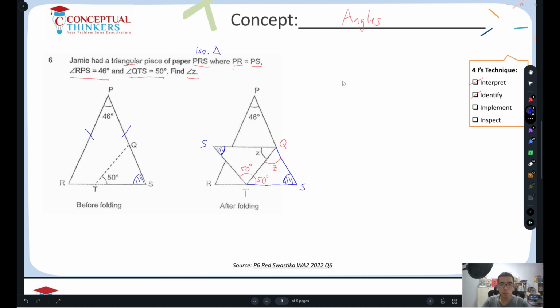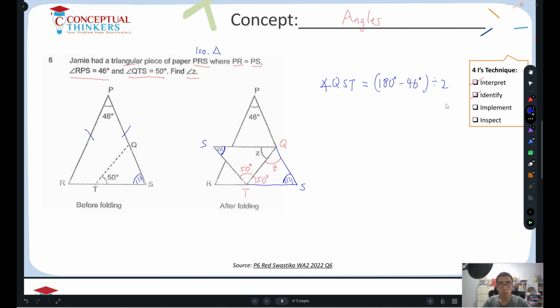Okay, so let's calculate and solve the question. So this is how I will implement the steps. First I will find angle QST. You can also put PST if you want. So this angle will be equal to 180 degree minus 46 degree, then divided by 2.